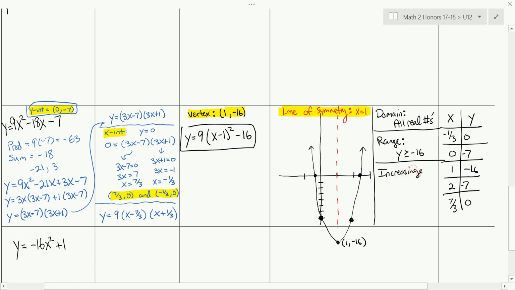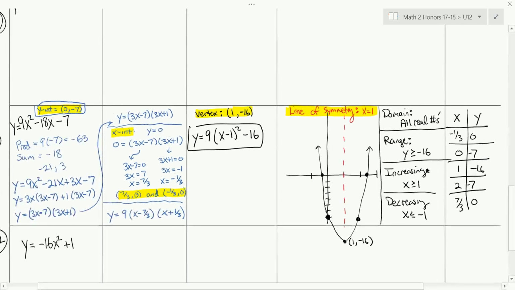Which side, I guess? Increasing when x is greater than or less than? Greater than or equal to what? 1, the middle. And it's decreasing on the other side. Okay. And now we found everything we need to find. So yes, it's a big problem. Yes, there's lots of pieces there, but hopefully you're seeing how they interact, the connections between them.